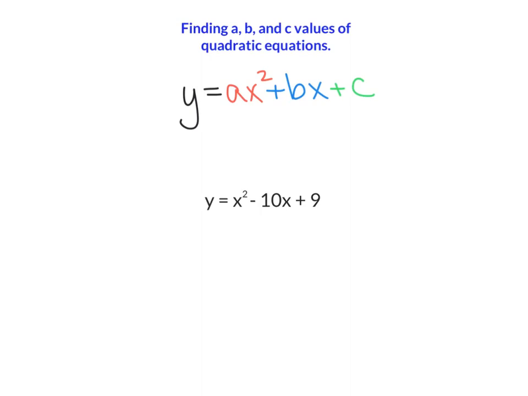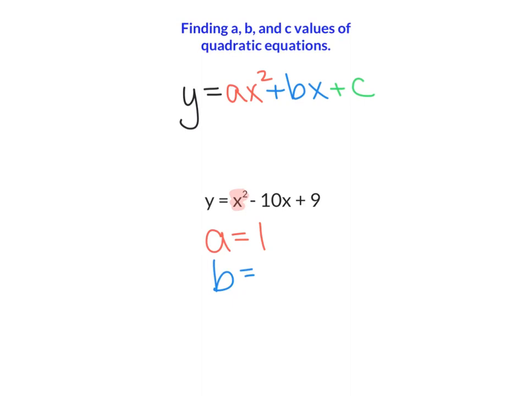So looking at this equation that I have here in the middle of my screen, I'm going to label my a value, which is going to be the number that is in front of my x squared. Now, I don't have a number in front of the x squared, and when we don't see a number, but we do have that variable, we know that the number that's in front of that is a 1. Then I'm going to look and figure out my b value.